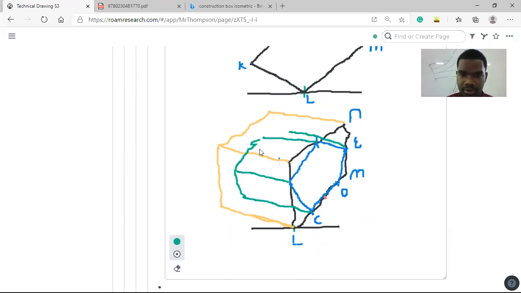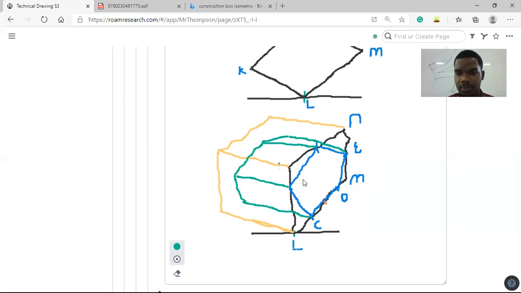Oh, my bad. Try it again. Okay, and finally, I know that this angled line is gonna be from this right here. So there, I have a very rough sketch of my 3D object.